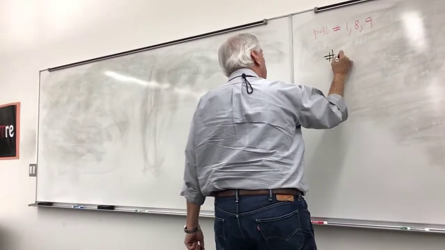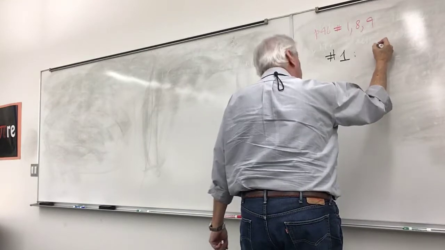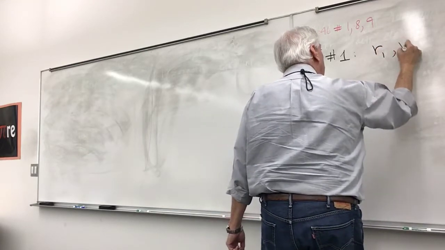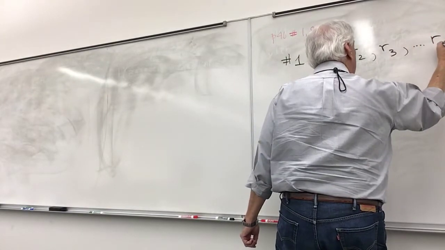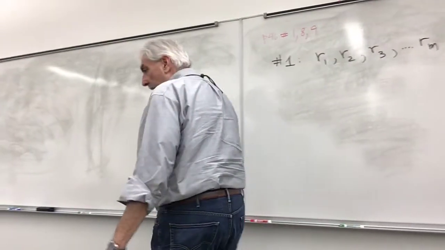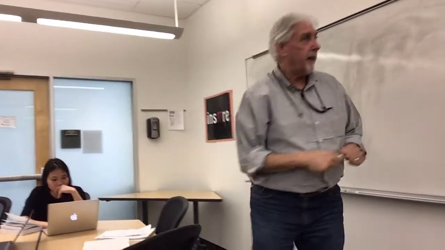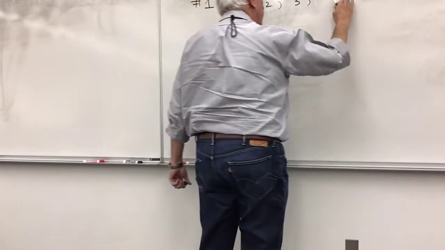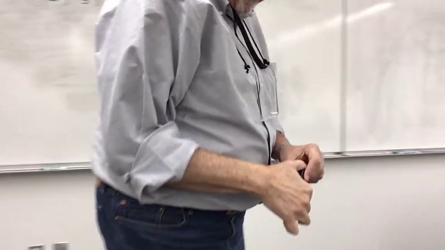What can you tell me if I take, so this is problem number 1, some real numbers, R1, R2, R3, let's say N real numbers. So this goes back to Math 3000.